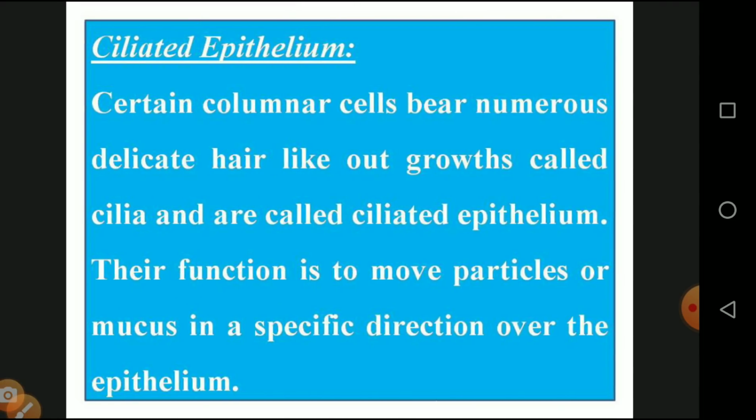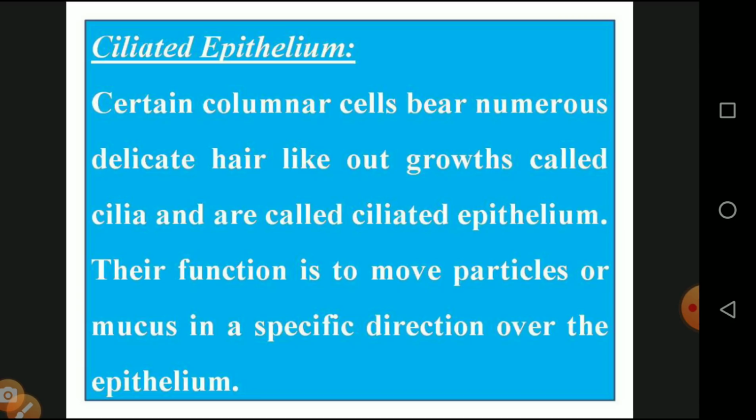And next we will see the ciliated epithelium. It is made of tiny columnar cells that bear numerous delicate hair-like outgrowths called cilia. So it is called ciliated epithelium. Their function is to move particles or mucus in a specific direction over the epithelium.